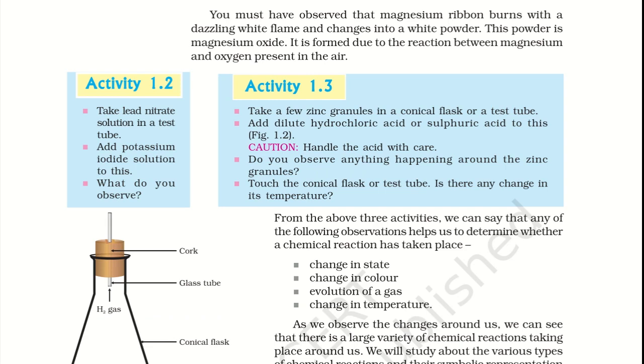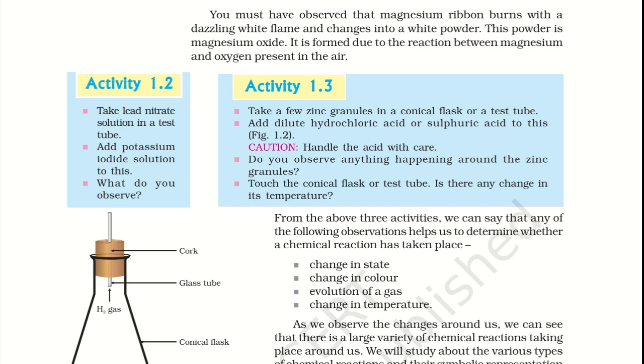So we observe that the magnesium ribbon burns with a dazzling white flame and changes into a white powder. This white powder is magnesium oxide. How is it formed? It is formed due to the reaction between magnesium and oxygen present in the air. So here we can see one chemical reaction happening in front of us. We still have many activities to understand that.